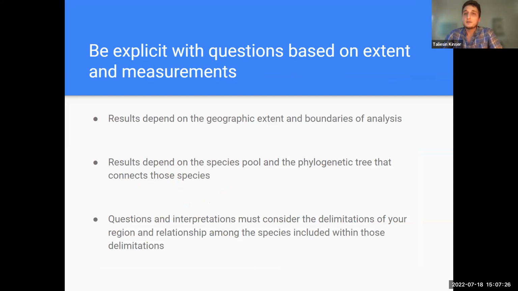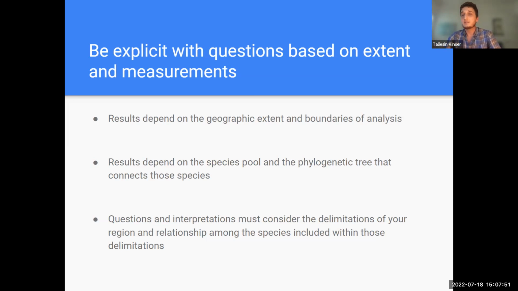that the results of these analyses are really going to be dependent on what you describe as your geographic extent and the boundaries that you set in those analyses, because, especially with the randomizations, these are relative.